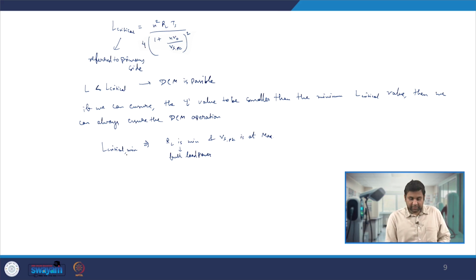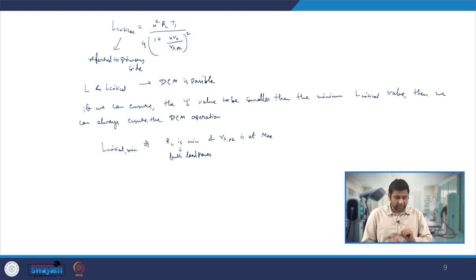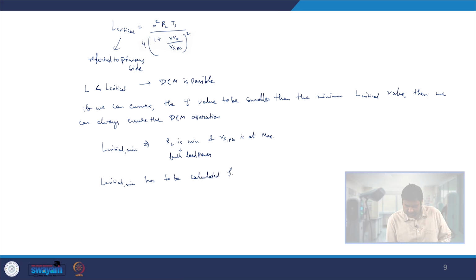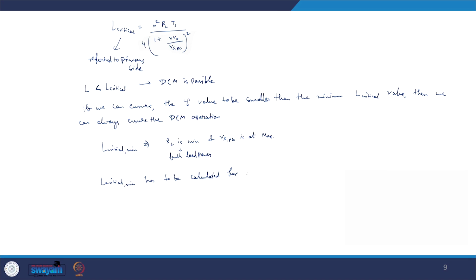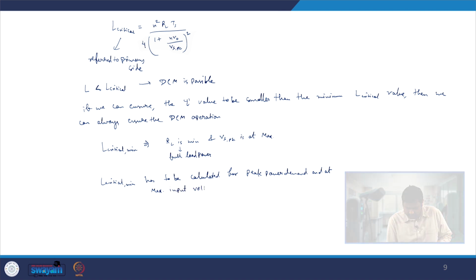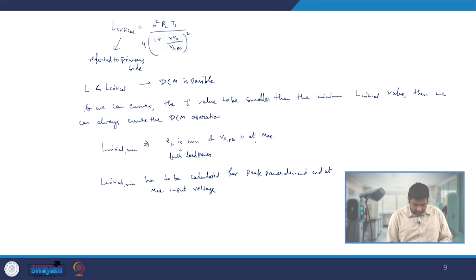So the L critical minimum value has to be calculated for peak power demand and at the minimum value of input voltage, not at the maximum value, so Vs has to be at minimum value.